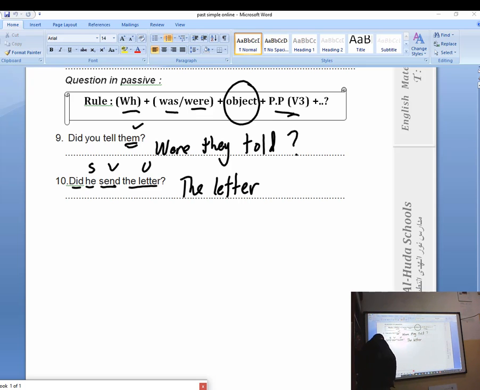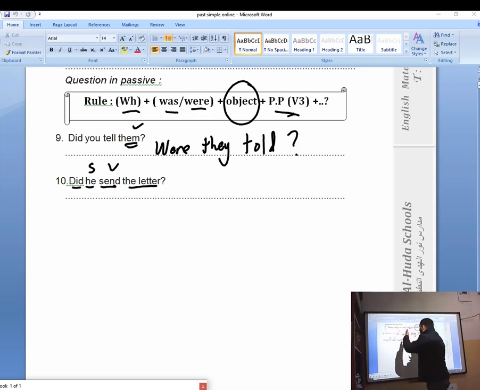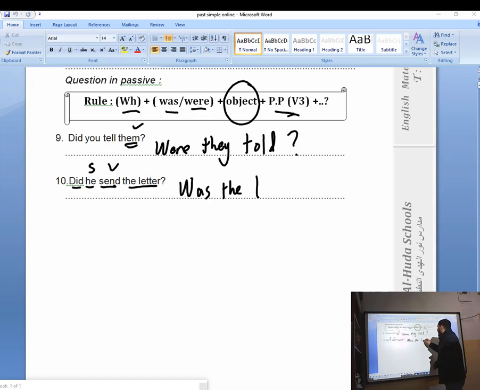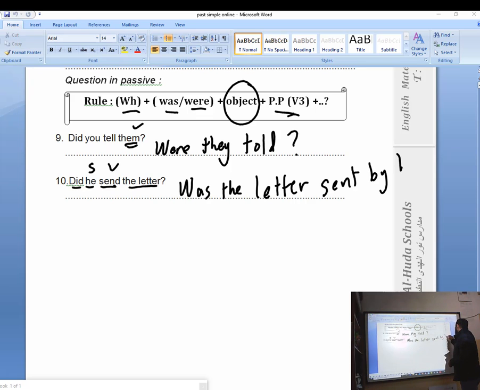It is a question, so we start always with was or were. Was the letter sent by him? Or without by him, as you want.